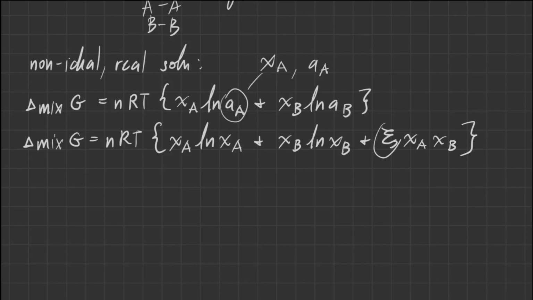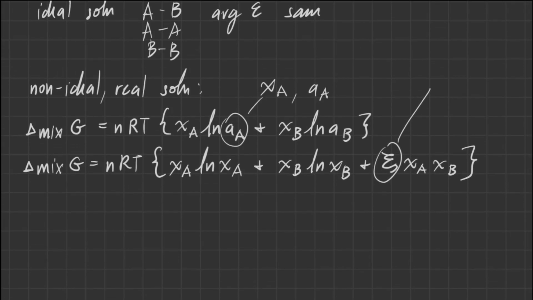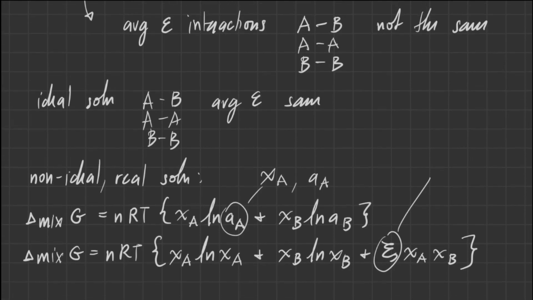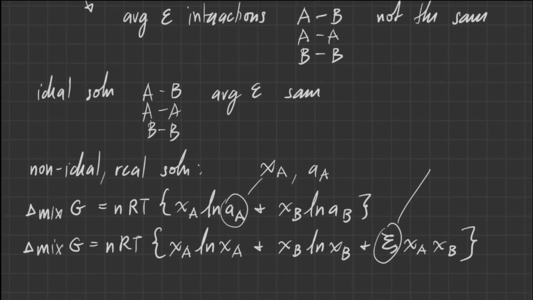This term reflects the fact that the average energy of these A and B interactions differ with respect to an ideal solution.